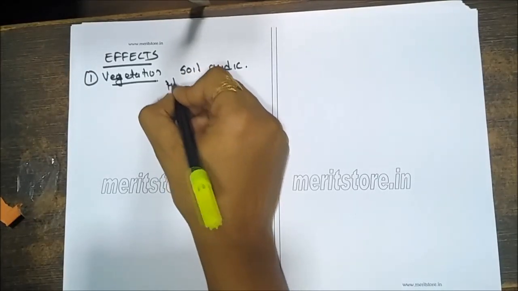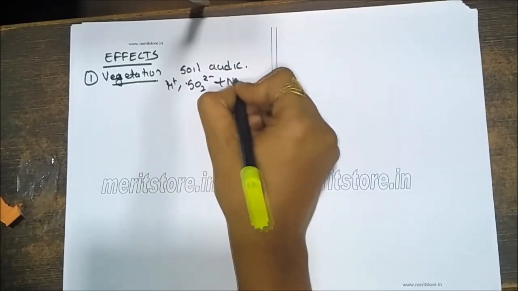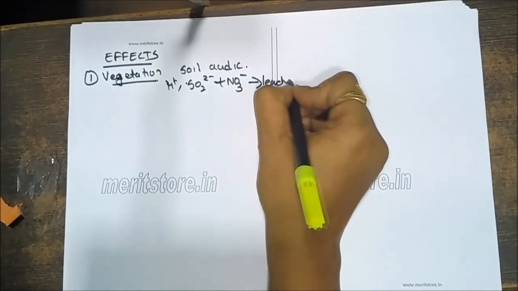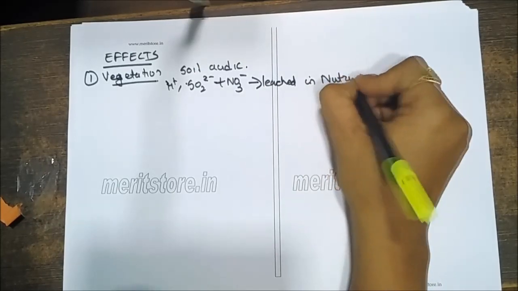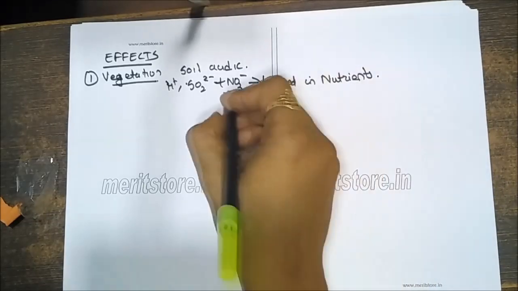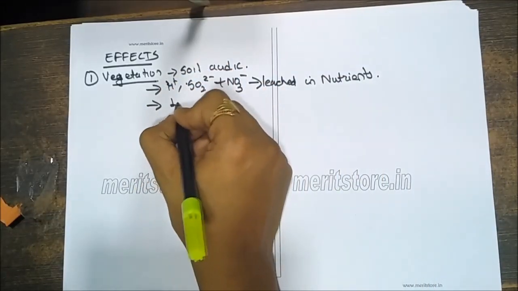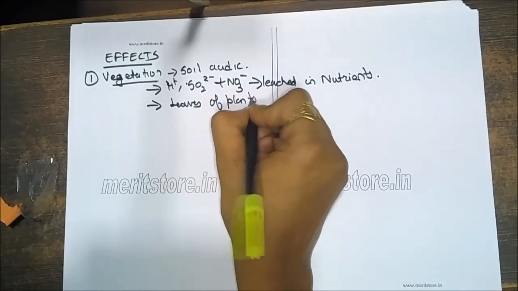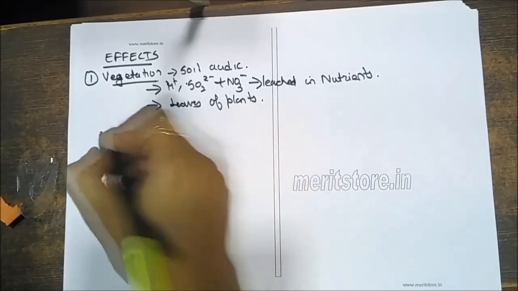It would be H plus, then sulfate ions and nitrate ions. They all will be leached into the soil, leaching the nutrients. Then it will also damage leaves of plants. Okay, this is responsible for retarding forests.